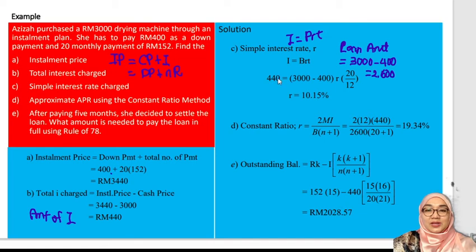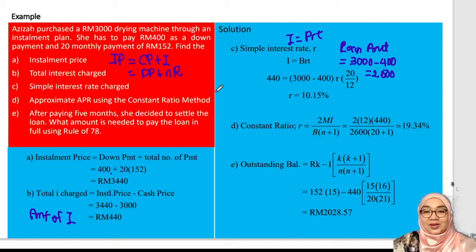So you substitute, you dapat 19.34% for the annual percentage rate. So the last one kita tengok, what will be the outstanding balance after paying 5 months. She decided to settle the loan. So dia nak bayar hutang dia awal, dia nak lansaikan baki hutang yang tinggal selepas payment yang ke-5 tadi.